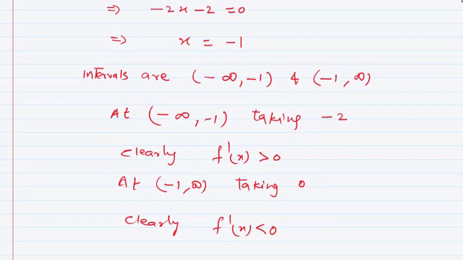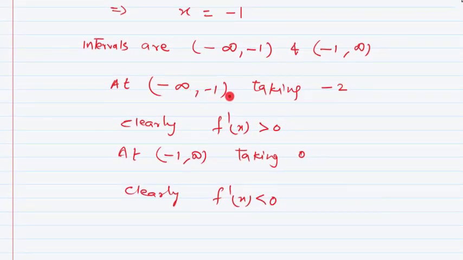For the first interval we are getting f dash x as positive, and for the other interval we are getting f dash x as negative.